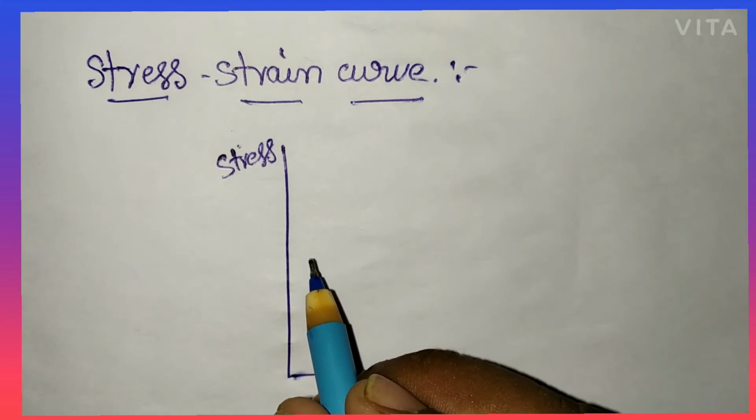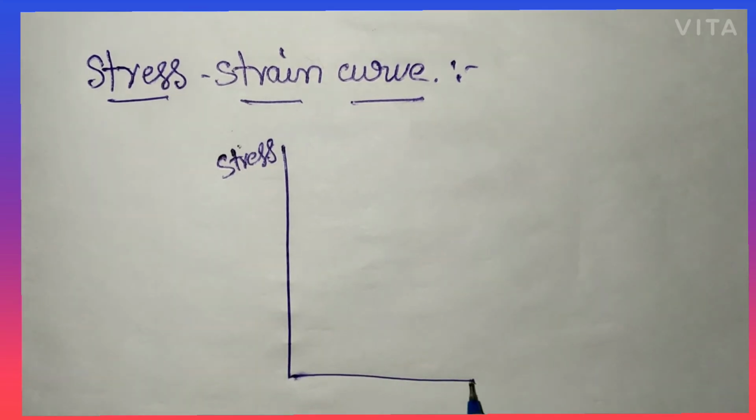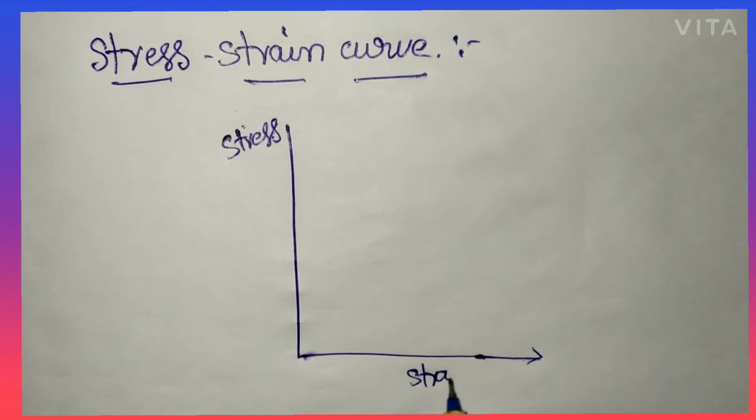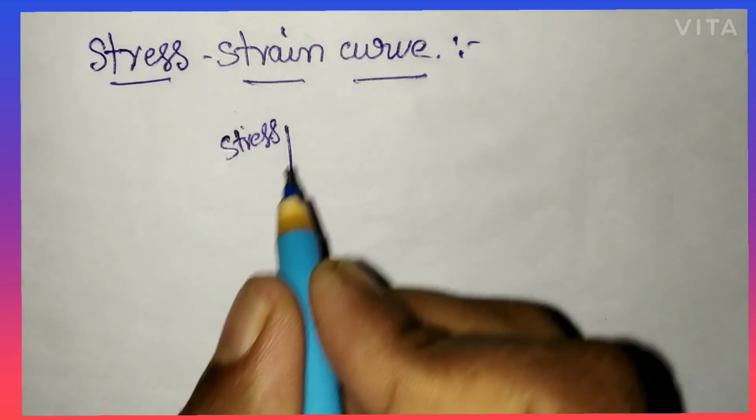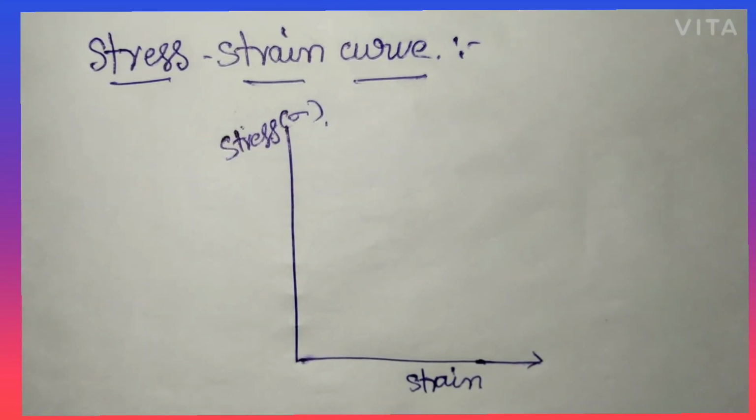The y-axis represents stress and the x-axis represents strain. Sigma represents the stress.